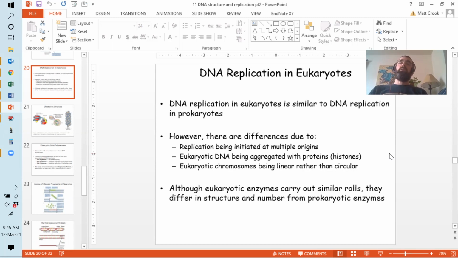The other thing is our chromosomes are linear, right? They're not circular. The only other things that have linear chromosomes are some DNA viruses, for example. And that creates its own kind of problems as well, which we'll get to in the end, which is tied into RNA primers at the ends, and also a bigger picture of senescence.